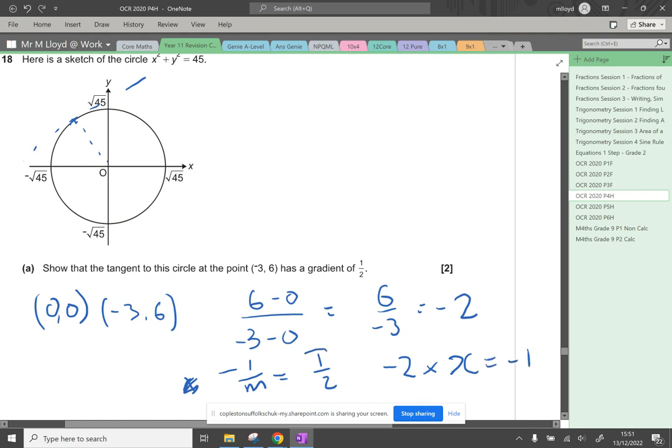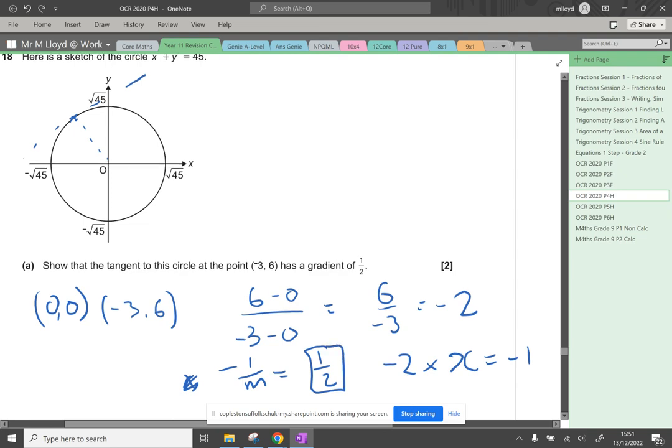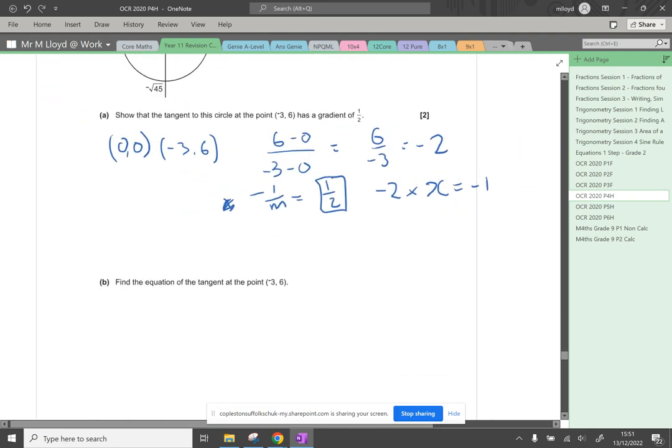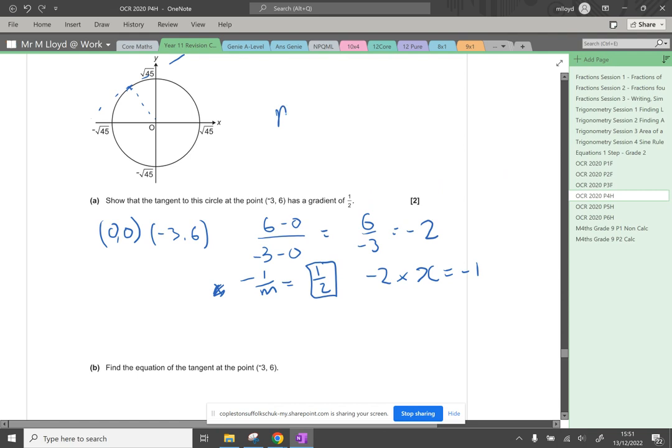So that's got a gradient of a half. Okay, happy with that? Just to be clearer, the gradient m times by -1 over m, which is the gradient for the perpendicular, should be equal to -1.